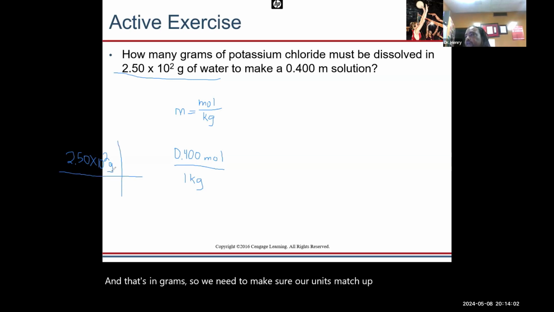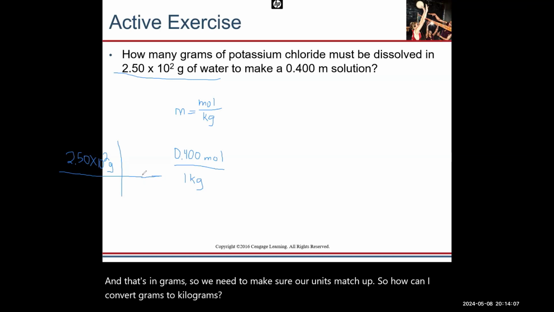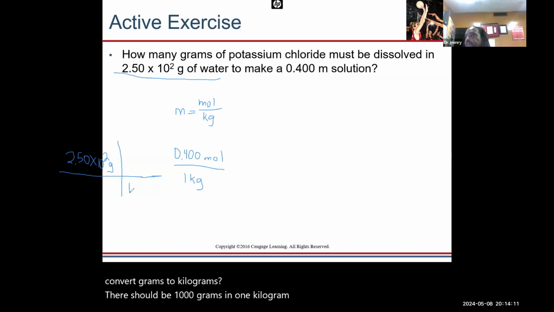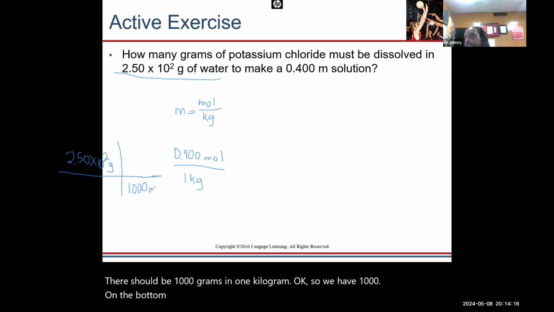How can I convert grams to kilograms? There should be 1,000 grams in 1 kilogram. So we have 1,000 grams on the bottom, and 1 kilogram on top.